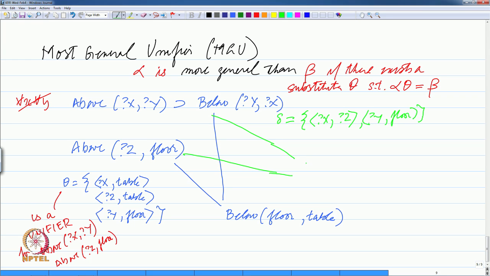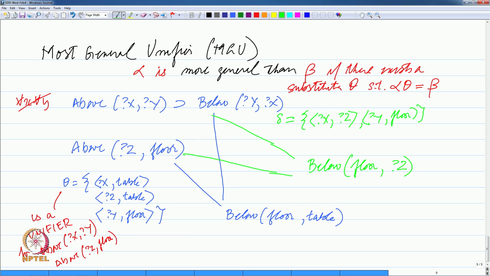So, from this I will infer below floor z. Just apply the modified modus ponens rule, apply the substitution delta, and you have produced a new inference.